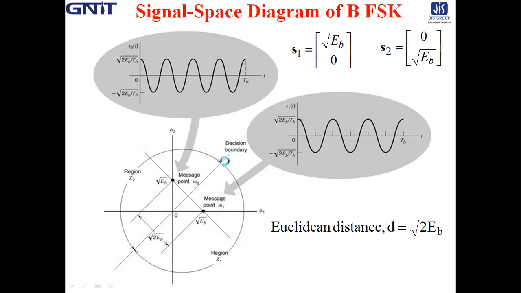In that case, x1 equals x2, and the receiver makes a random guess in favor of symbol 1 or symbol 0.